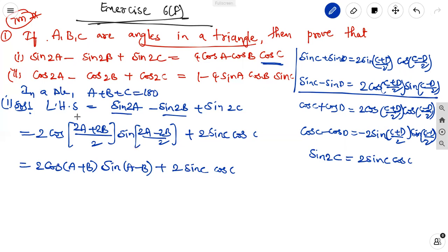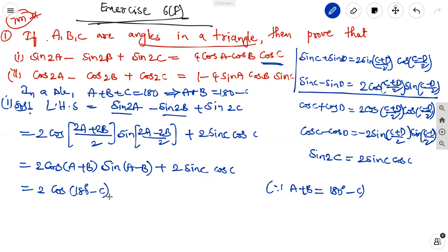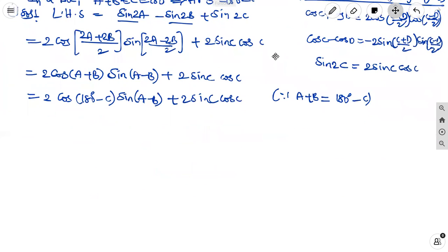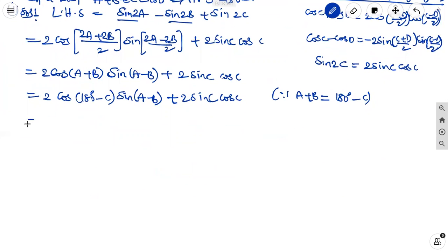Here you can write A plus B equal to 180 degrees minus C. Then you can write it as 2 into cos of 180 degrees minus C, and the second factor is as it is, sin of A minus B, plus 2 sin C cos C. Here 180 degrees minus C is in the second quadrant.